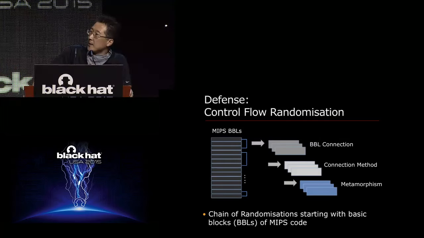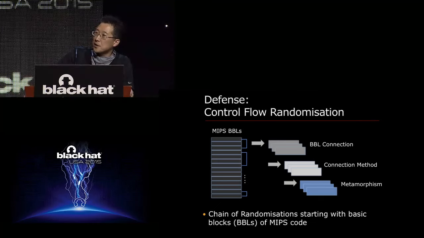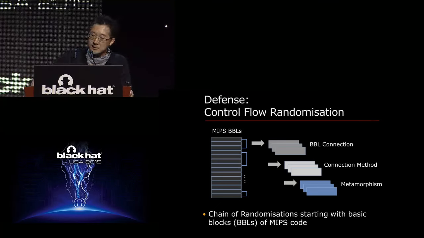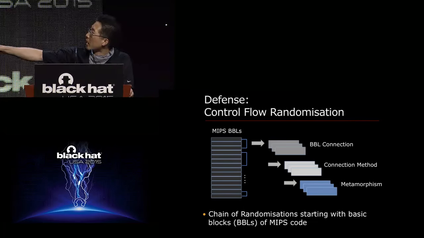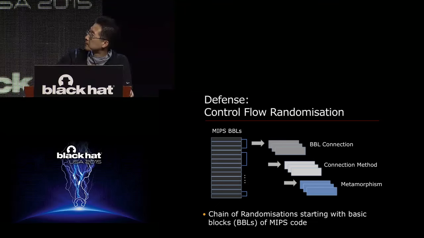And this is one of the implementations that we could possibly have. So essentially, you have each line of the code, which I call a basic block here on the left-hand side.